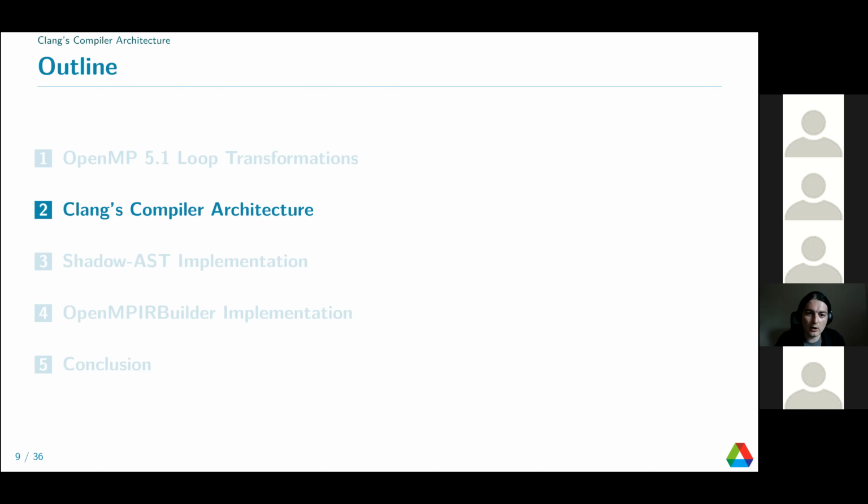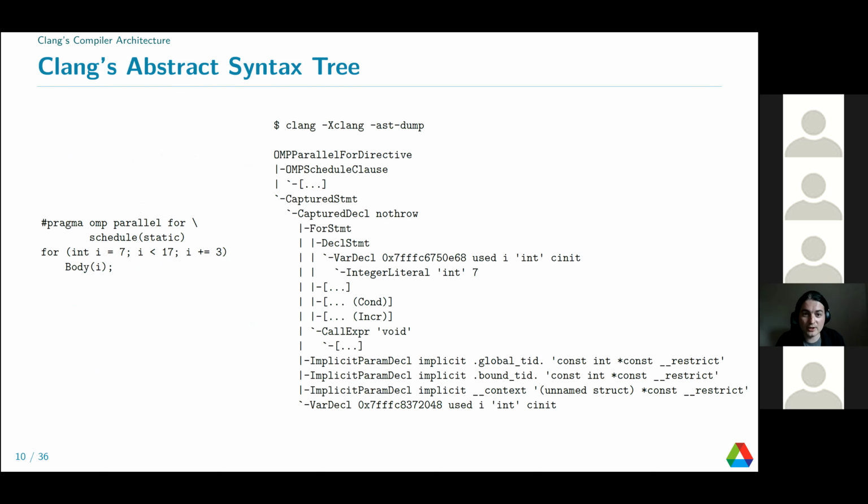Next thing is we go through a short overview of Clang's compiler internals. Namely, the most important thing, its abstract syntax tree. Here you have an example on the left, and you get the abstract syntax tree dump using the command you see at the top. Each syntax element has its representation in the AST.